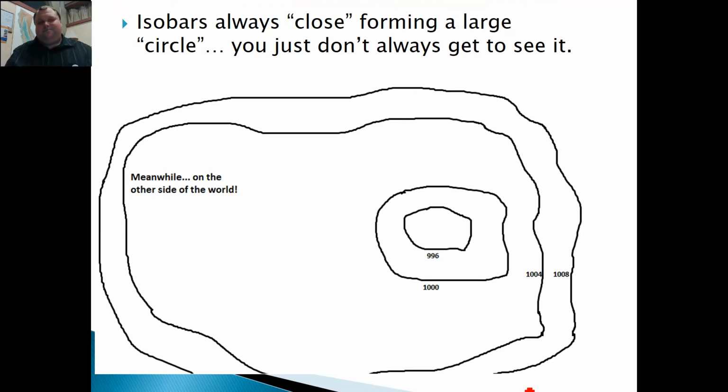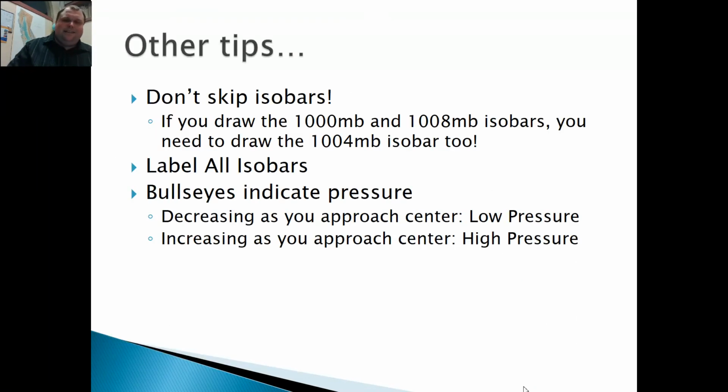A few other tips about isobars. You can't skip isobars. So for example, I'll use a piece of paper here. Let's say you have two lines like this.